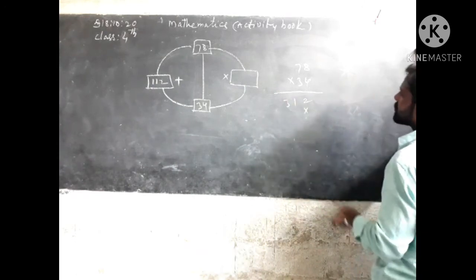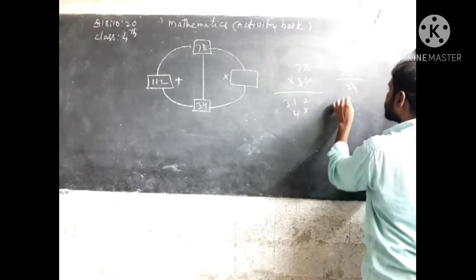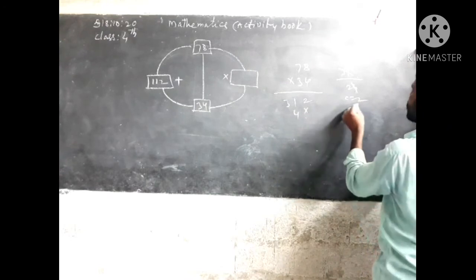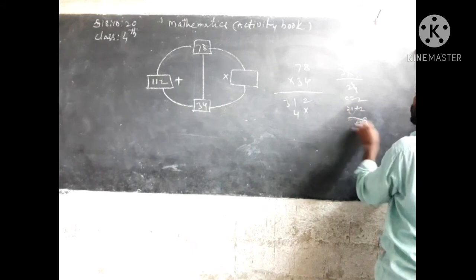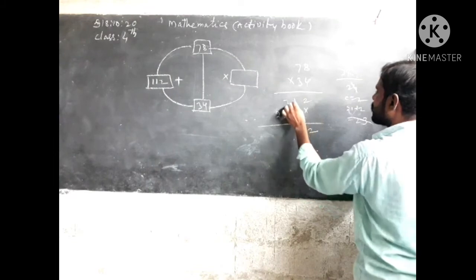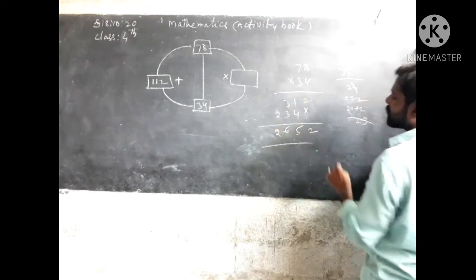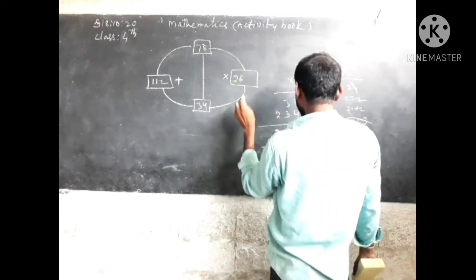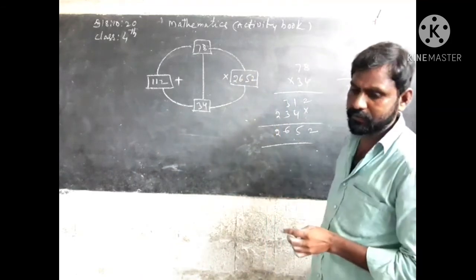So 1 taking, cut it. 3 8s are 24, 4 taking, carrying 2. 3 7s are 21, 21 plus 2, you can get 23. See here, 2, 1 plus 4, 5, 3 plus 3, 6, 2. 2652.